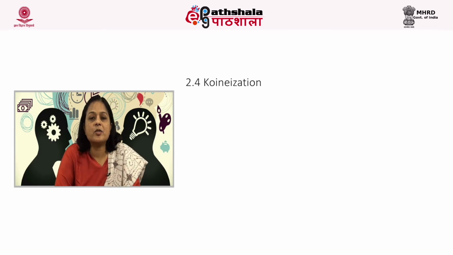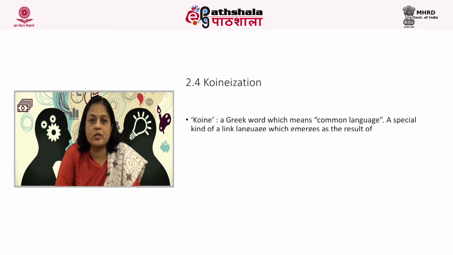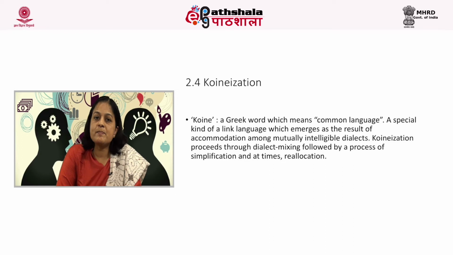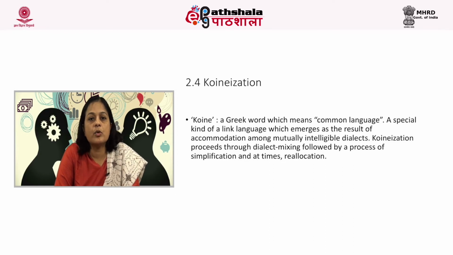We now proceed to look at the next mechanism of language contact and change, Koineization. Koine is a Greek word which means common language. It is a special kind of a link language which emerges as a result of accommodation among mutually intelligible dialects.